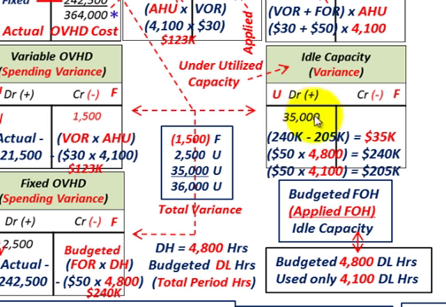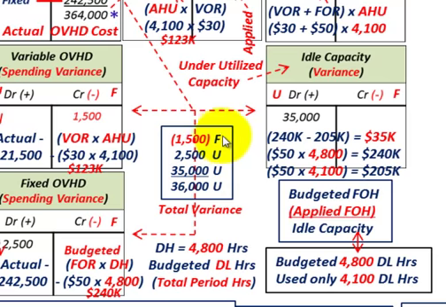Now, had the other been true, had our budgeted fixed overhead been less than the applied fixed overhead, then we would have had a favorable amount. But in this case, it was unfavorable by the difference between our budgeted fixed overhead and our applied fixed overhead. That was our idle capacity variance.